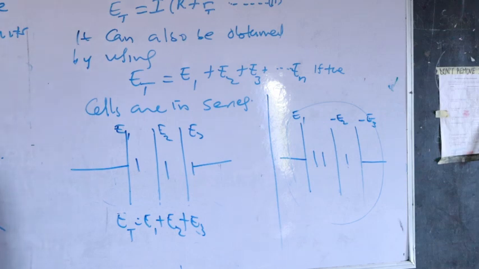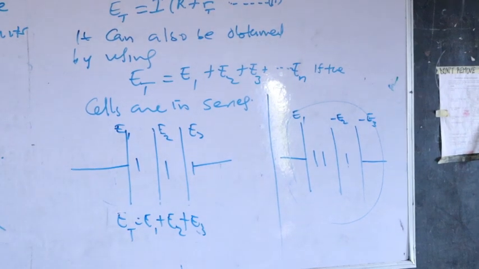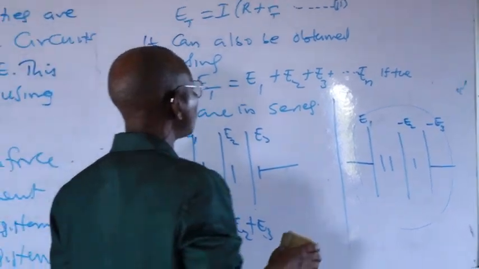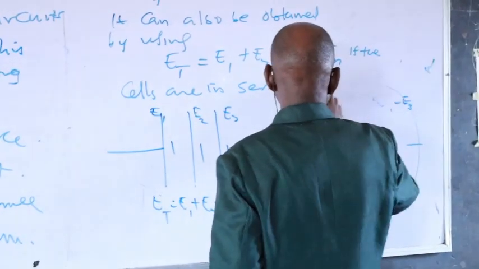There's another possible arrangement you can have in cell, and that is parallel arrangement. For parallel arrangement, you can also determine or obtain the total electromotive force.